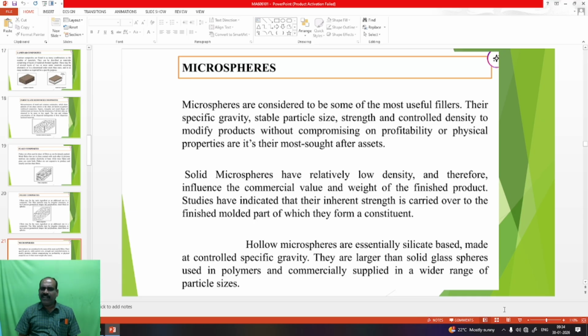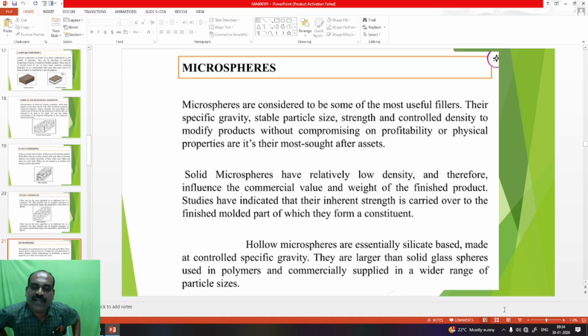Their specific gravity, stable particle size, strength and controlled density to modify products without compromising on profitability or physical properties are their most sought after assets. Solid microspheres have relatively low density and therefore influence the commercial value and weight of the finished product.